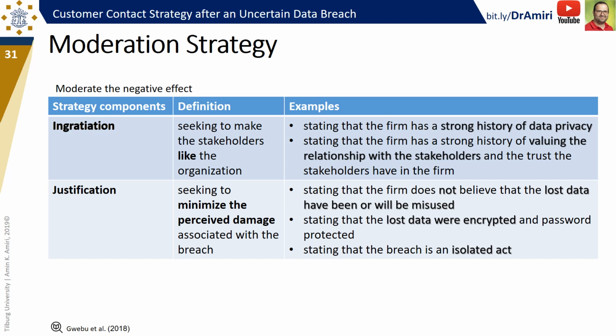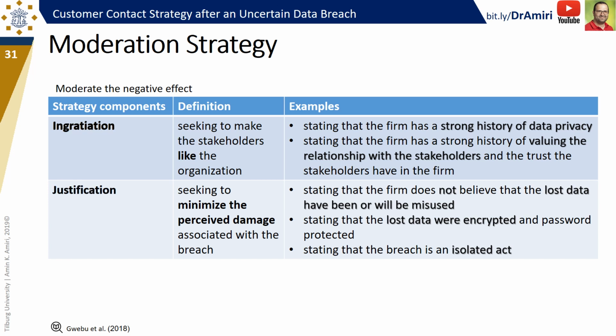Again, you can state that the company has a strong history of data privacy protection. You can say that you value the relationship with the customers and their trust in you. You value your relationship with the shareholders and their trust in you, so that these stakeholders like the organization better.